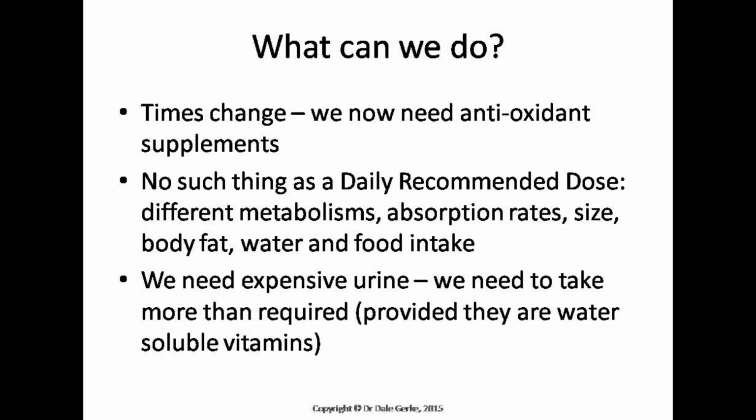So what I advocate is that we take an excess of antioxidants every day, and the body will determine what it wants and will excrete the rest. If we do that, then we're always running at the maximum threshold, and that will give us the maximum protection against free radical attack. Now, the exception to the rule here is when we're talking about fat or lipid-soluble vitamins, not water-soluble vitamins. With fat-soluble vitamins, you can accumulate them in the body and it can become toxic.